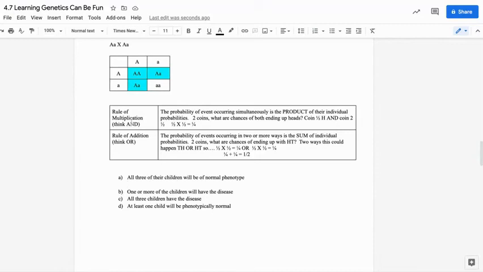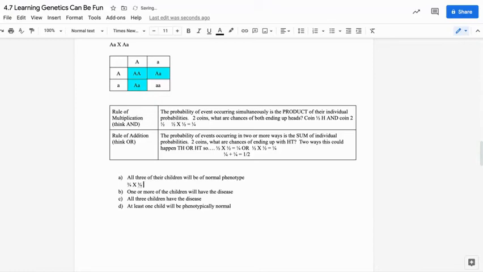And this is the rule of multiplication. So what are the chances that your child is normal? Well, if we go to our Punnett square, you have a 3/4 chance for a normal phenotype, right? So 3/4 chance, again, this is times, because I want to know that my first and my second and my third child are normal.